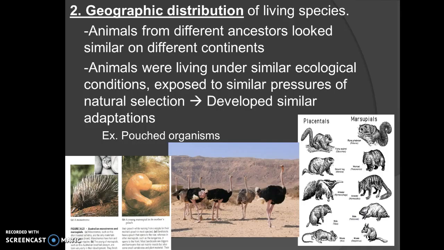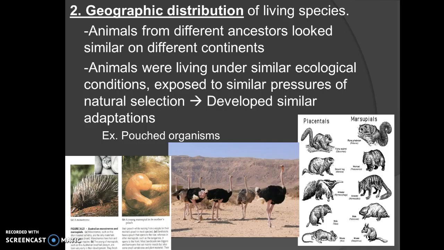That means that, and Darwin saw this, animals from different ancestors looked similar on different continents. Animals that came from a different ancestor were found on different continents with the same adaptations. How can that happen? How can all these different birds, for example, have wings?